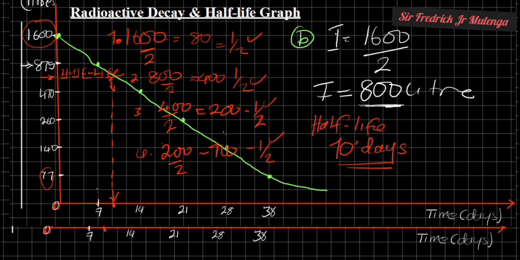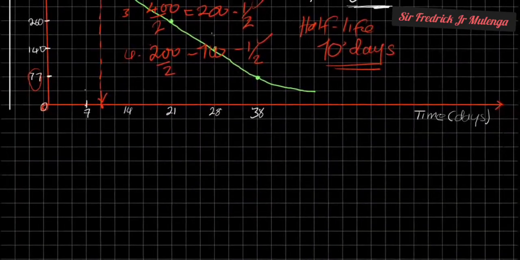So let me try to move this up. How many fractions do we have? We have 4 fractions. So 1 over 2 plus 1 over 2 plus 1 over 2 plus 1 over 2. If you want, you can divide this 100 into half, which will give you another fraction half, to be more accurate, but we're going to end here. So 2 plus 2 is 4, then 4, 6, 8.